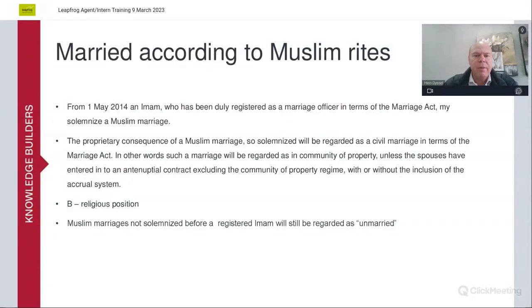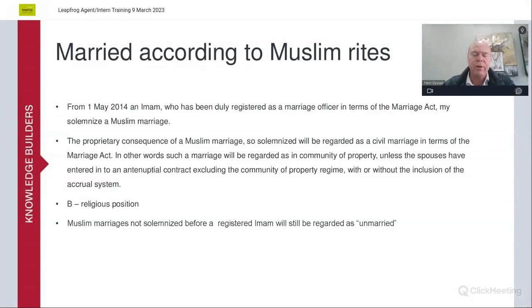So they'll go to the Imam, they'll get married, and they then get a little certificate from the Imam to confirm that they are married according to Muslim rites. So we describe them in our documents as married according to Muslim rites. However, legally, if they are married according to Muslim rites, they are seen as unmarried because that marriage according to Muslim rites is not recognized by South African law.